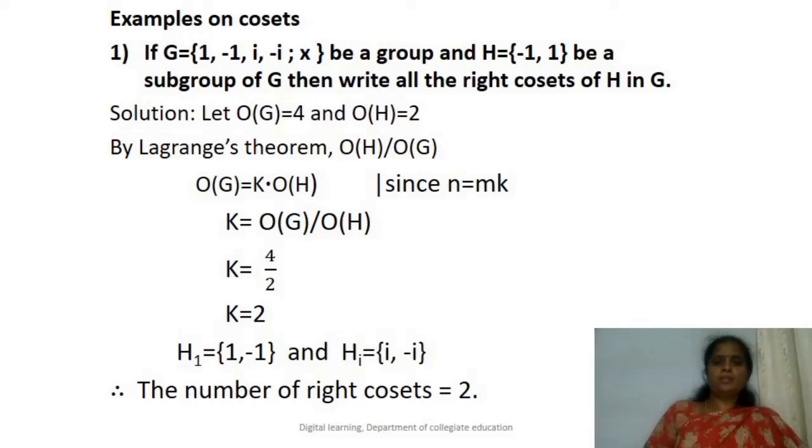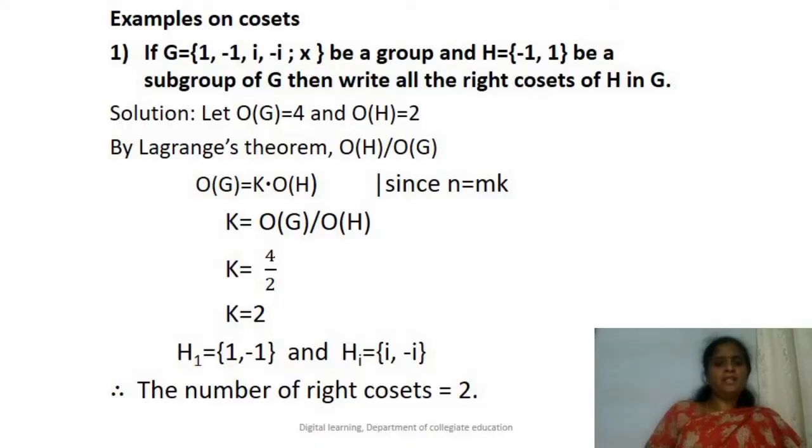By Lagrange's theorem, order of H divides the order of G. So we can write order of G is equal to k times the order of H. So k is equal to order of G divided by order of H. Order of G is 4 and order of H is 2. Therefore 4 divided by 2, so k value is 2. That is, the number of right cosets is 2 here.